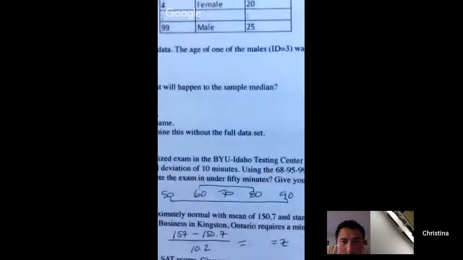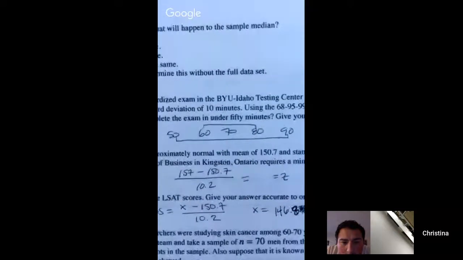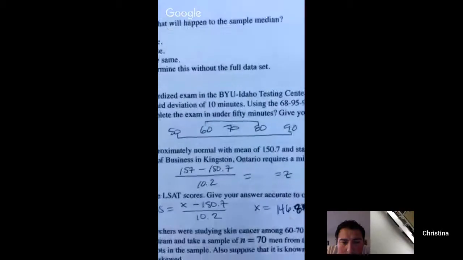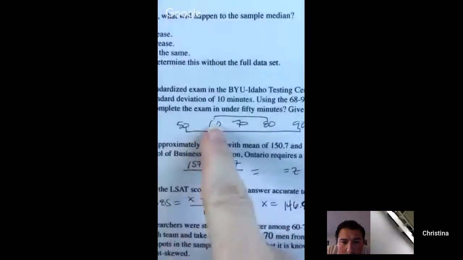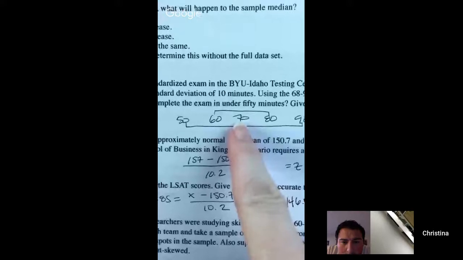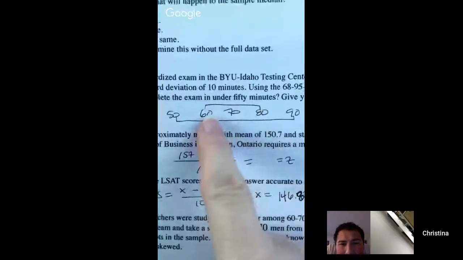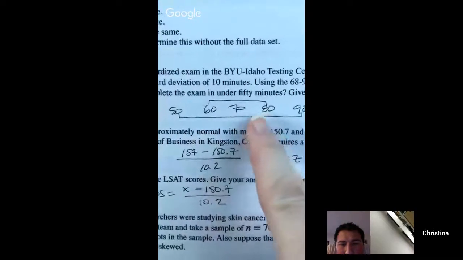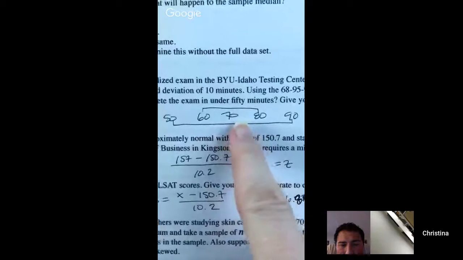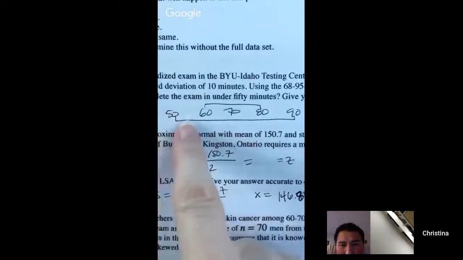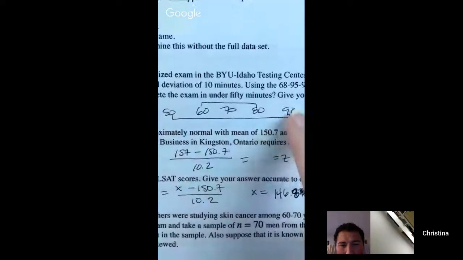Okay, so I printed this up last night because I had to work on paper. So if we have here between 60 and 80, we have our mean. First, 68% of the data is going to fall between 60 and 80 minutes. Now, 95% of the data is going to fall between 50 and 90. All of this will be 95% of the data.